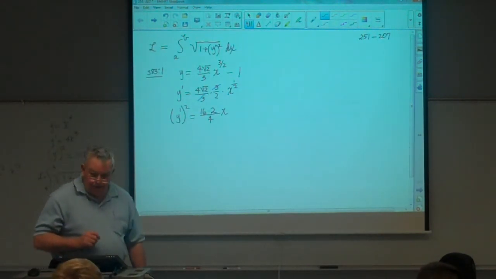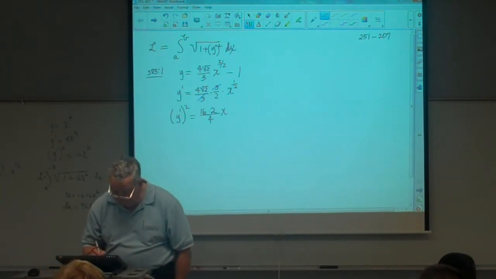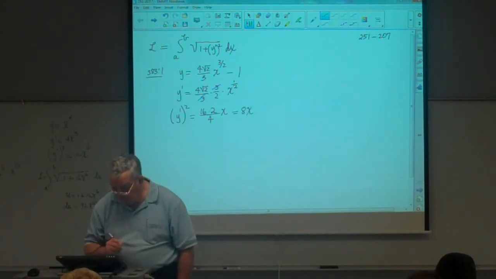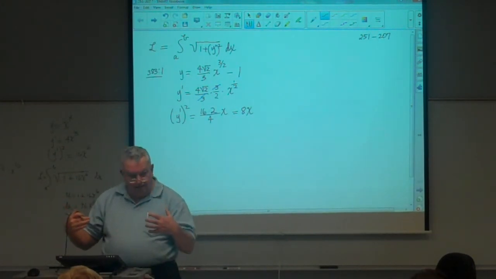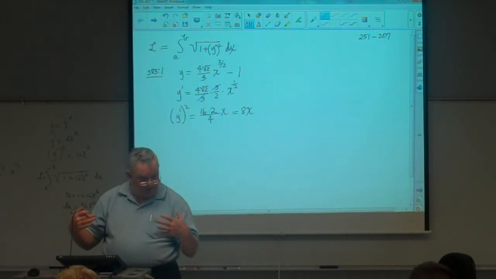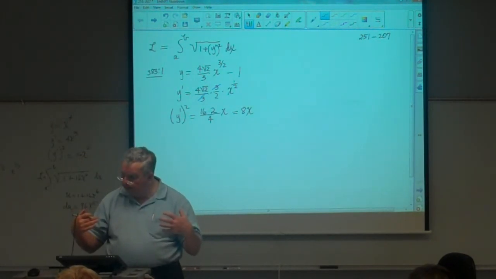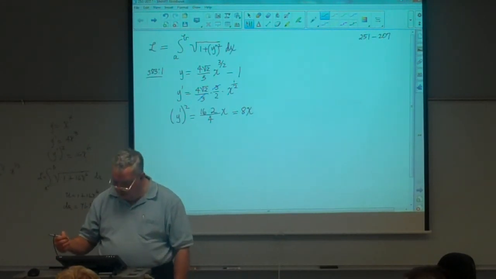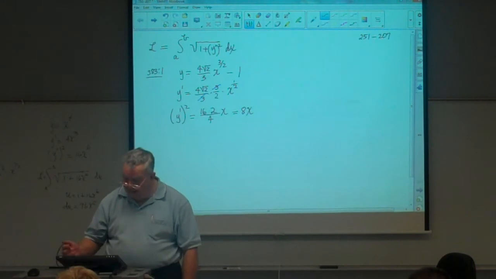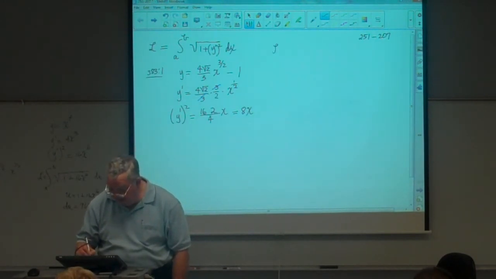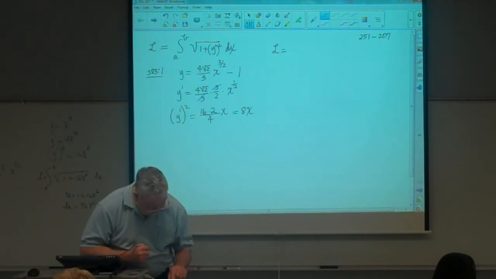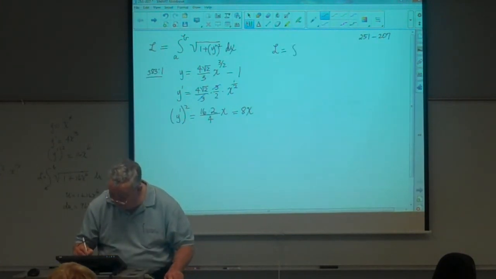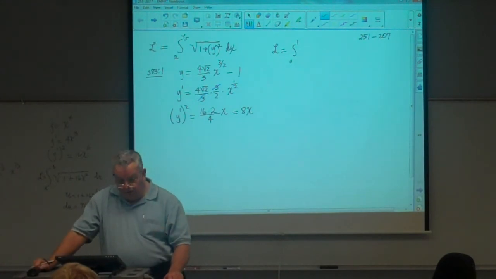Does that look like 8x to you? Now, do you see why that makes it just a whole lot easier to deal with? Would everybody agree? Because now, after all of that, I'm going to say that L, which is my original problem, is equal to, and they said from 0 to 1, and notice the problem gave us the limits.